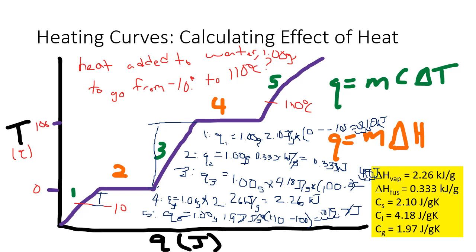Now, if I add all of these numbers up, the 0.021, the 0.333, 0.418, 2.26, and 0.019, in total, we have a change of 3.05 kilojoules. 3.05 kilojoules of energy added to go from -10 to 110 degrees with 1 gram of water.